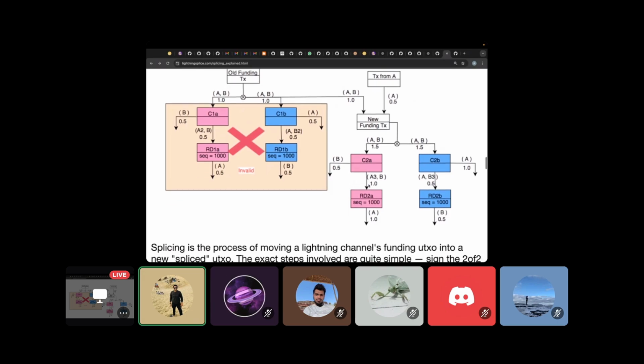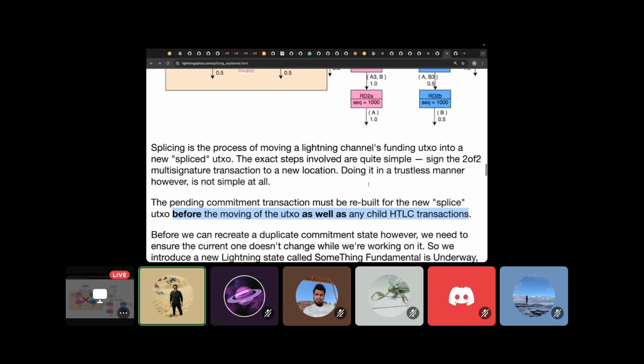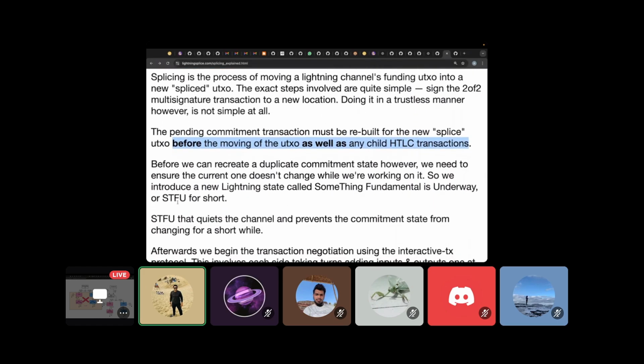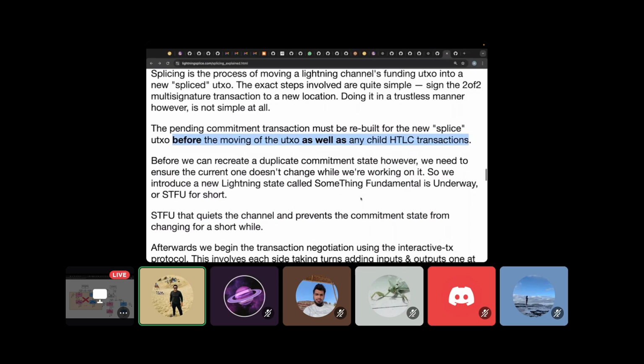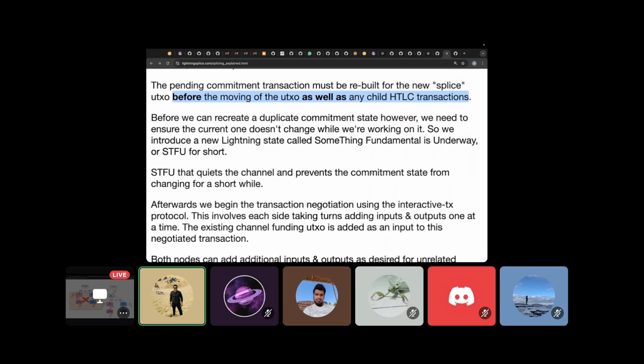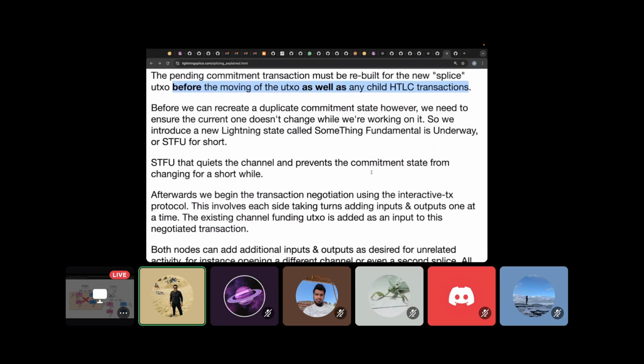So there's this new message included inside the Lightning spec. It's called STFU, which means something fundamental is underway. So what this does is it sends your node into quiescent mode. So then there would be no channel state advancement while you are in quiescent mode.